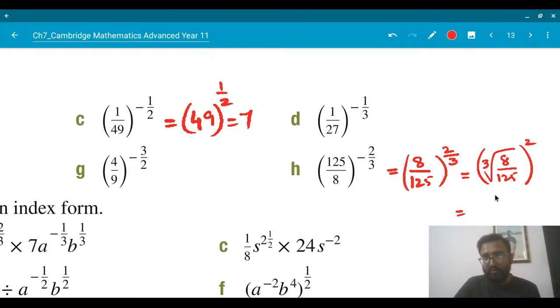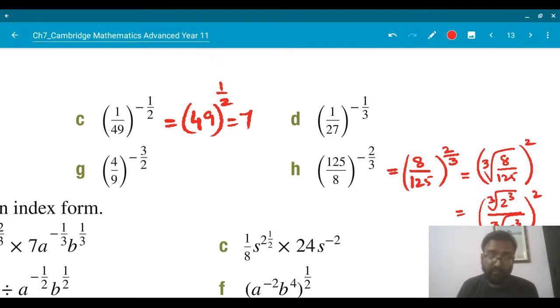The cube root goes to the numerator and denominator: the cube root of 2 cubed by the cube root of 5 cubed, whole power 2. The cube root of 2 cubed is 2, so it is 2 by 5 whole power 2, which is 4 by 25. So you need to practice.